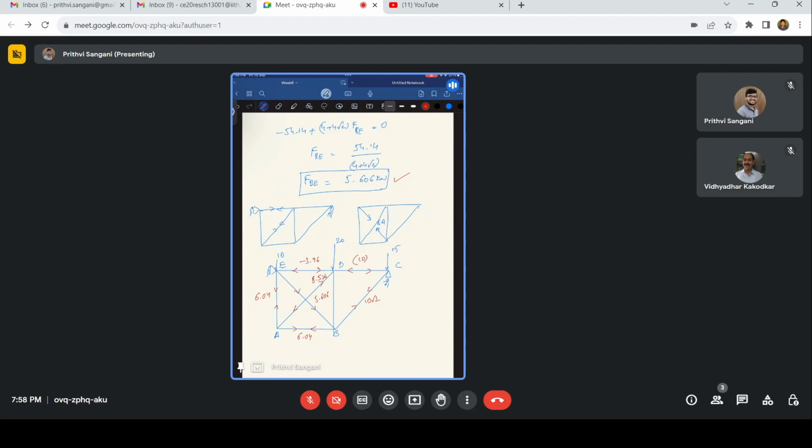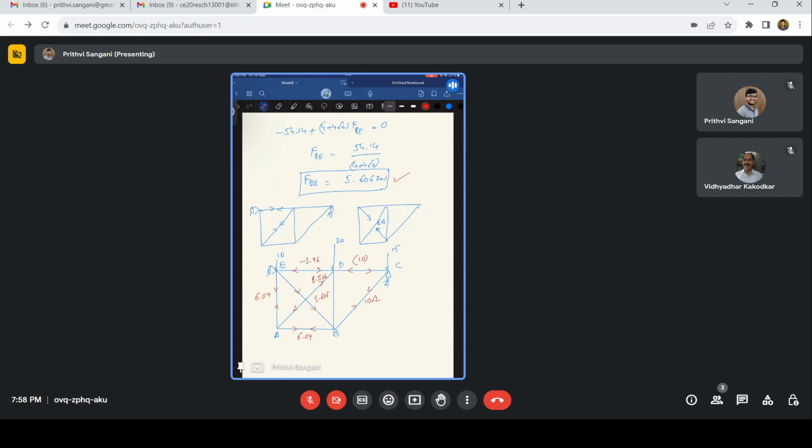If you remember the principle of virtual work, what does it say? 1 times delta is nothing but sigma Fi Li by E times Ui. Okay, so these are the strains actually. So these are the strains.